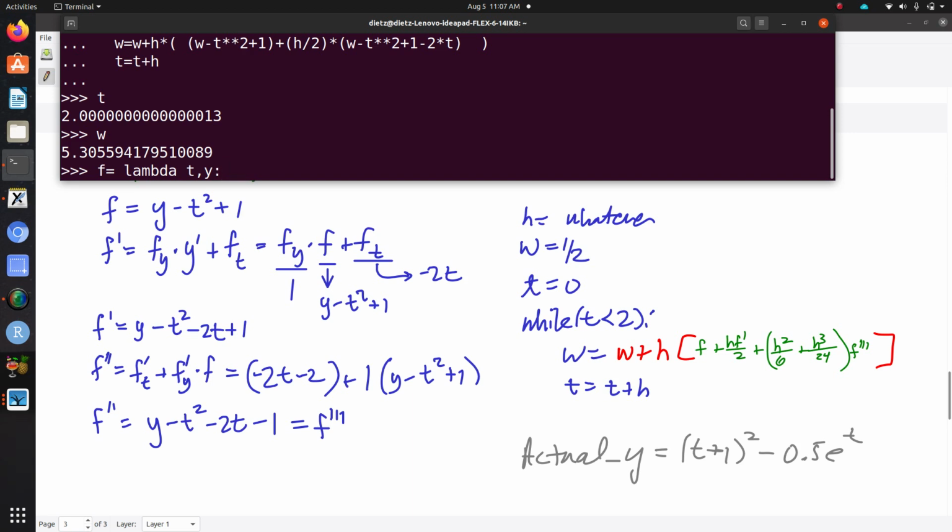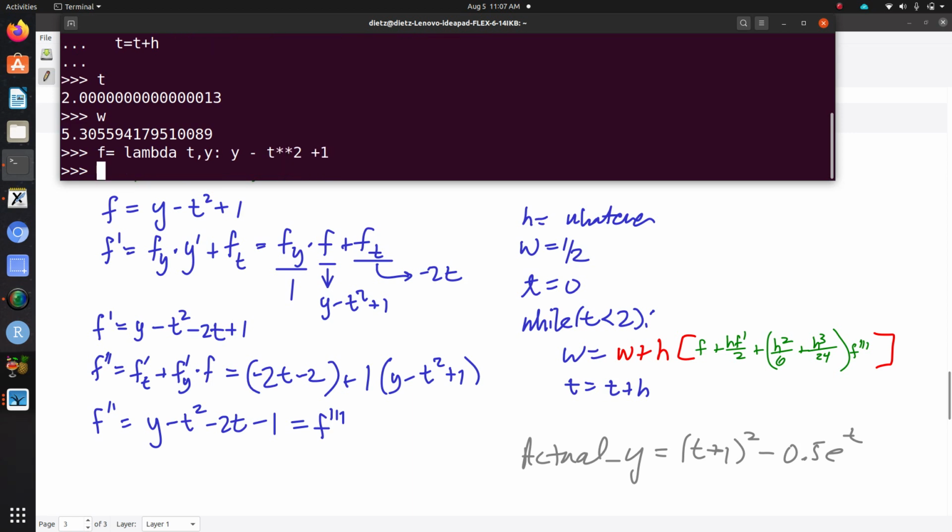And I'm going to say that's Y minus T squared plus 1. And I'm going to say FP is another one of these functions. So FP is Y minus T squared minus 2T plus 1.